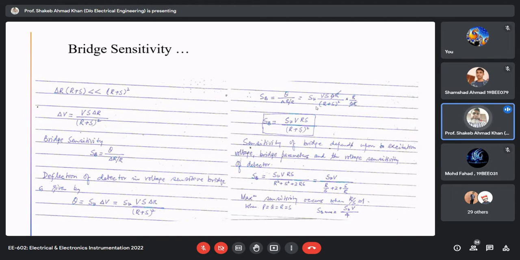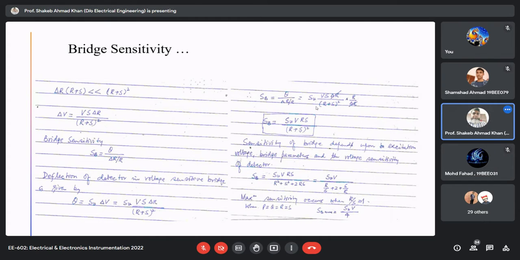So if you are designing a Wheatstone bridge, the significance of sensitivity is that you will be able to decide how much minimum change in resistance we can measure.